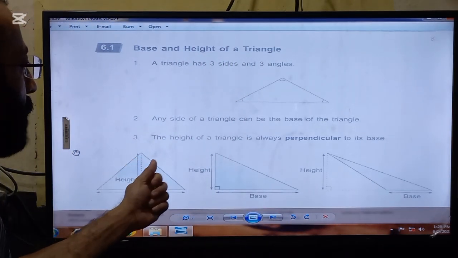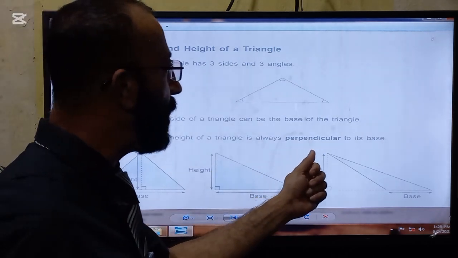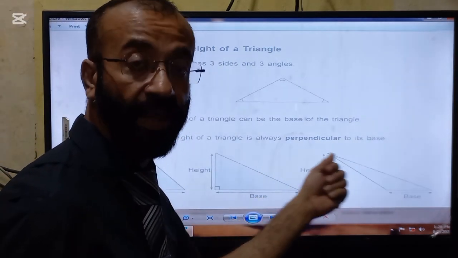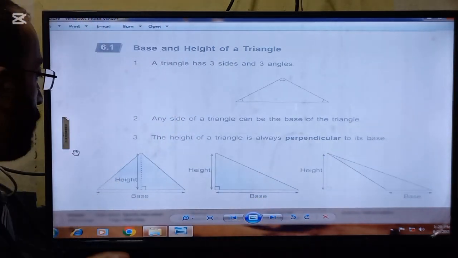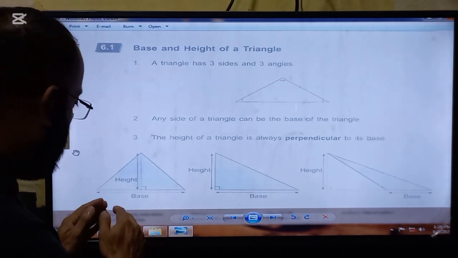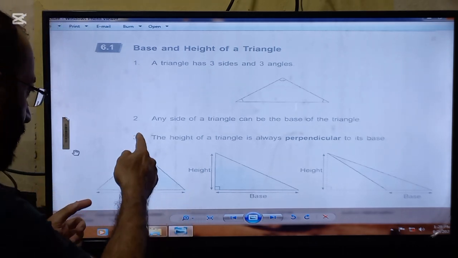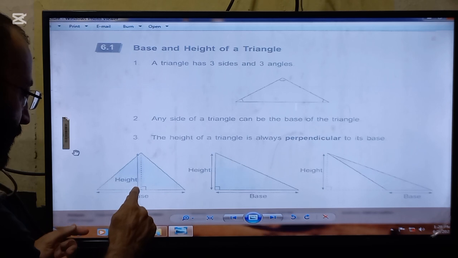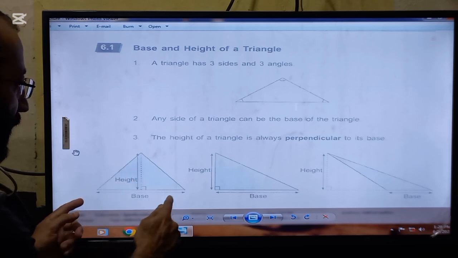The next point is the height of the triangle is always perpendicular to its base. Yes, this is the condition. So if you are calling this the base, then this will be the height, because that is perpendicular to this base.